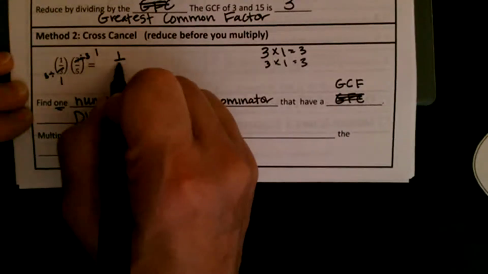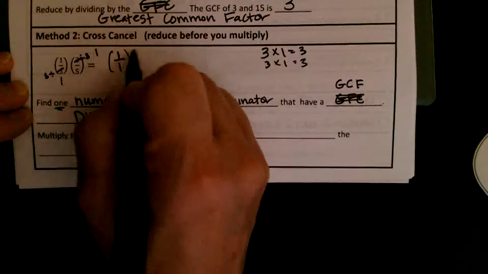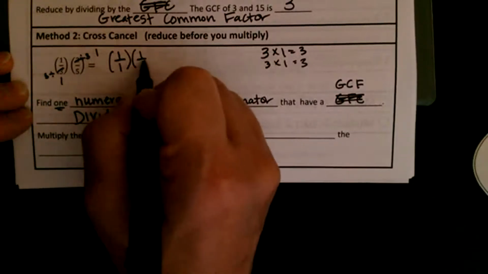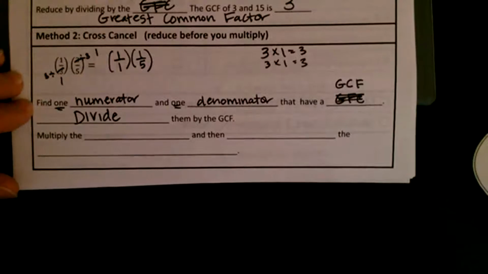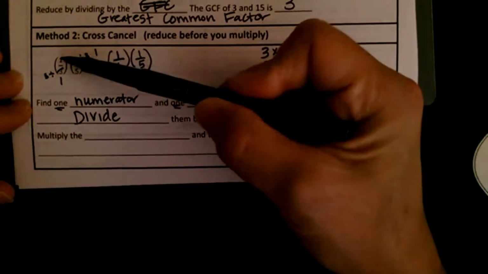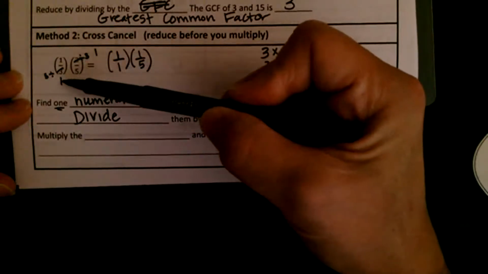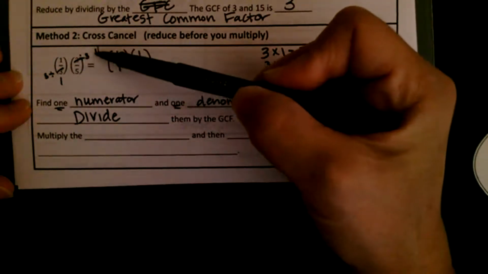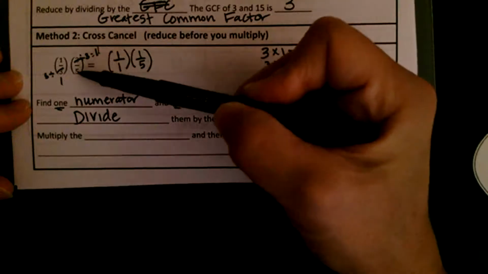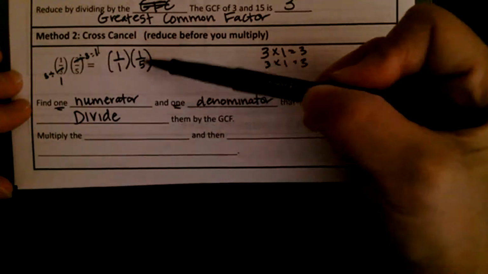So this is 1/1 times 1/5. So some of you might be saying, well, where did she get all those numbers? Here's the numerator, and now here's the new denominator. Numerator, denominator. Here's the numerator, right? 1, and here's the denominator, 1/5.